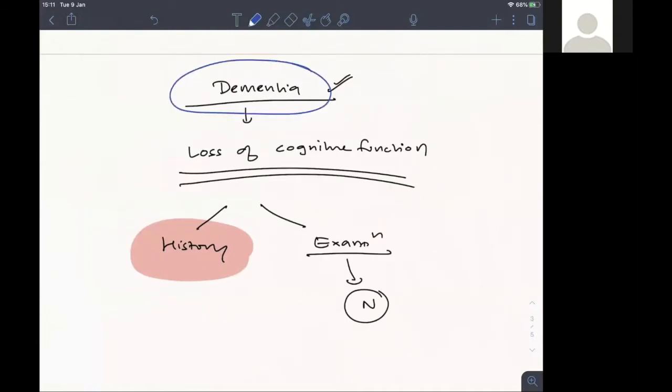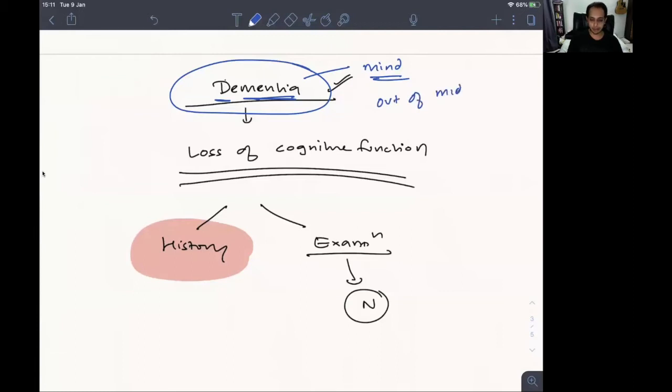So let's understand what is dementia. In the most original sense, dementia referred to diseases of the mind. So, mentia is mind, and dementia is out of mind. What that means is that in the early days, when somebody would behave out of their minds, they would be called demented, and that is where the term dementia came from.